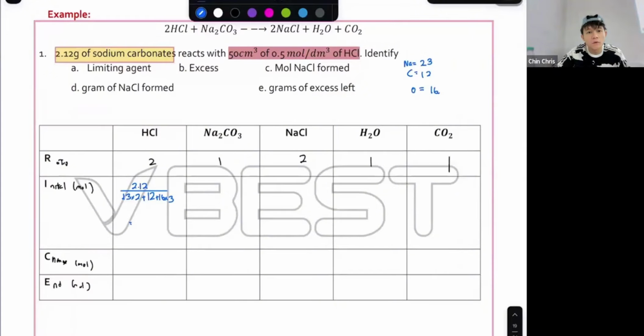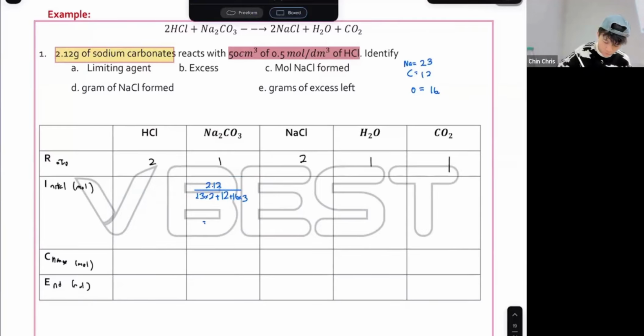How much is it for the Na2CO3 here? Is it 2 times 10 to the power -2?